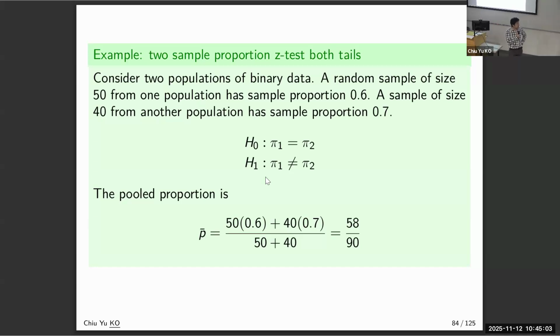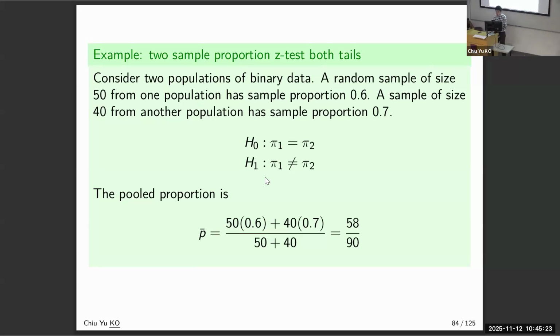So let's see this example. I have two sets of binary data. Just for example, maybe a question asking whether they like K-pop. So maybe boys and girls are different.